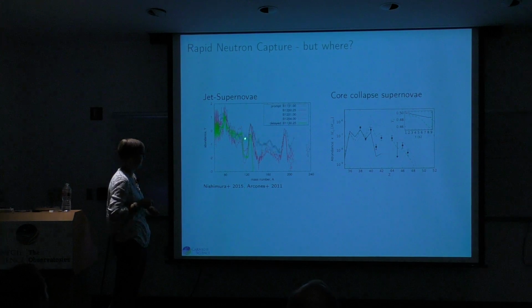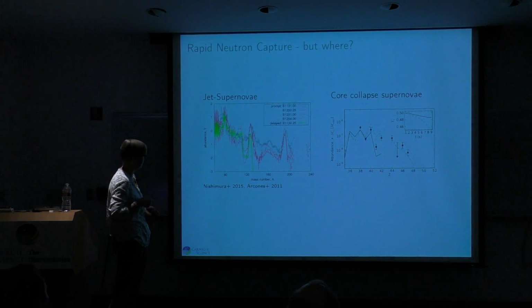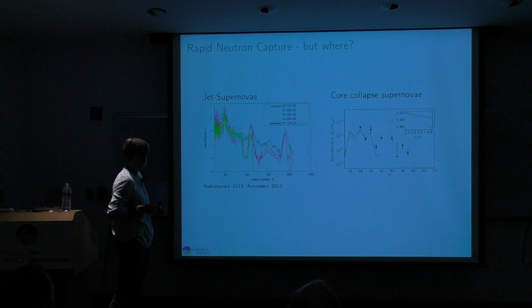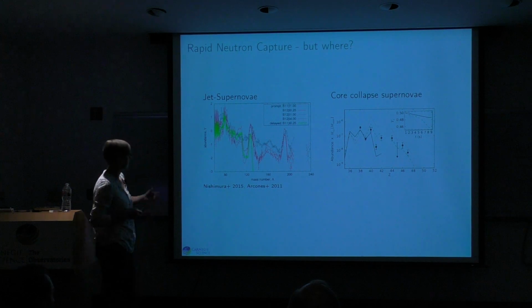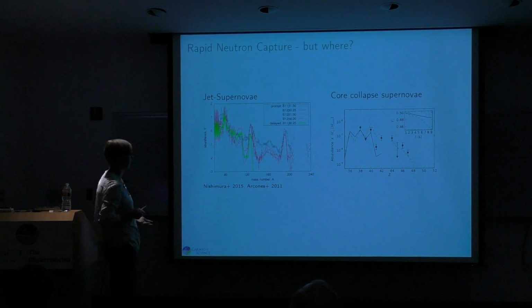Again, we have the solar system abundance pattern here, and then you have the different trajectories for different events of these supernova jets. It's debated whether these can actually get neutron rich enough, but certainly in the light end, we believe that these can contribute.